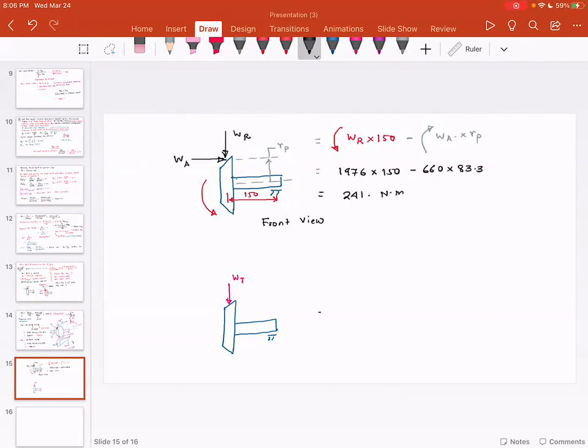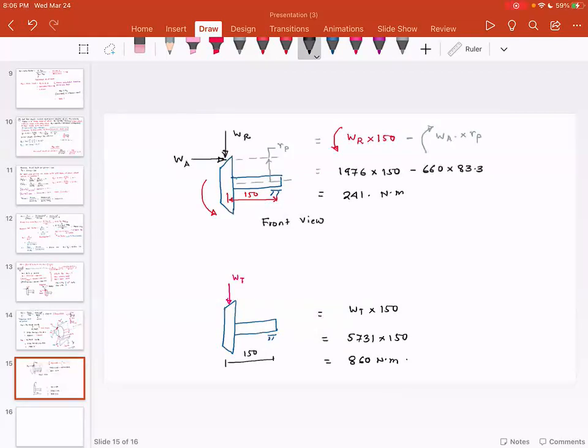If you look at the bending moment given by WT, this distance is 150, so this will be WT multiplied by 150. And this moment is going to look like 5731 multiplied by 150. So your answer is going to be 860 Newton meter.